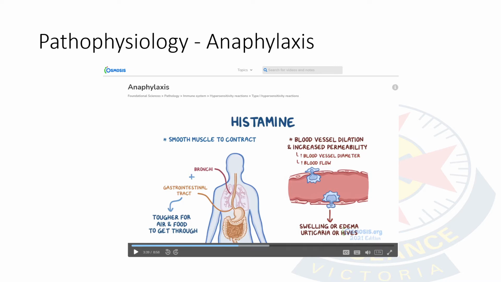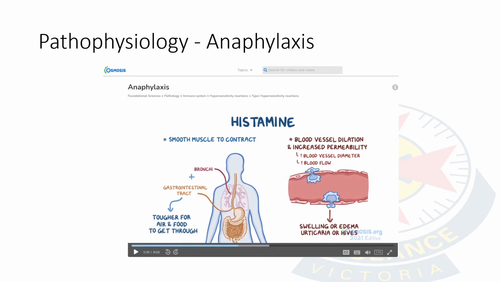One of the major pro-inflammatory molecules is histamine. Histamine binds to histamine receptors that can be found in the smooth muscle of the respiratory system and the GI tract. Histamine receptors can also be found within the blood vessel walls.